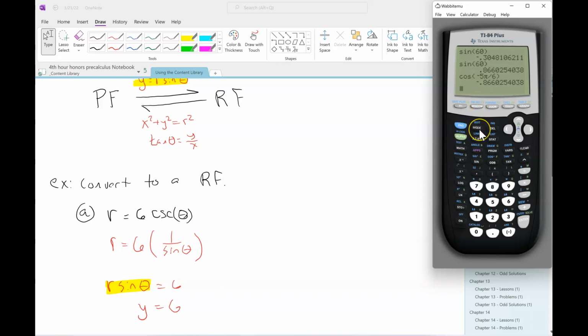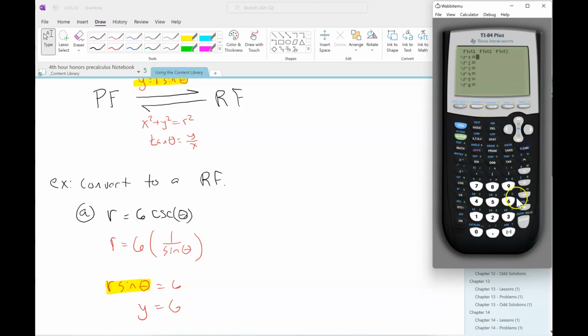Let's just confirm that. To graph things in polar mode, you'll press the mode button and change it from wherever you're at to polar. POL is the abbreviation for polar. I would change back to radian mode.